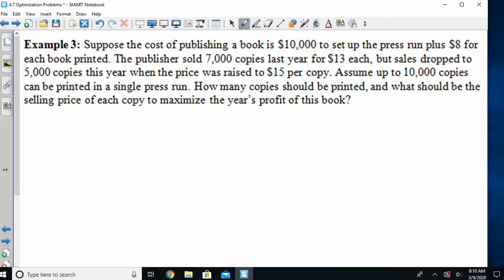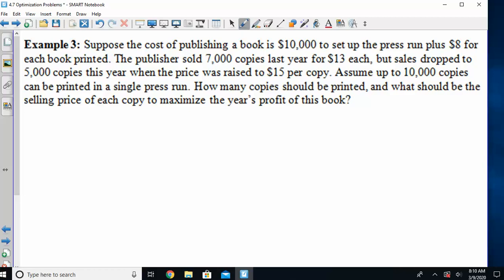The publisher sold 7,000 copies last year for $13 each. But sales dropped to 5,000 copies this year when the price was raised to $15 per copy. Assume up to 10,000 copies can be printed in a single press run. How many copies should be printed, and what should be the selling price of each copy to maximize this year's profit?